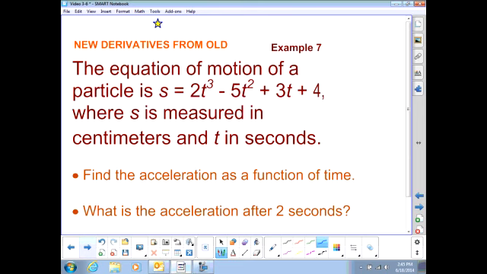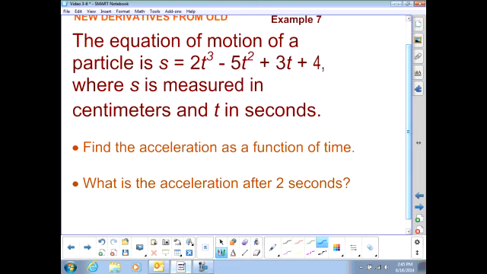So we have an equation to represent the motion of a particle. So S is like our position function. We're saying that's 2t cubed minus 5t squared plus 3t plus 4. S is going to be in centimeters, and t is going to be in seconds. First thing we want to do is find the acceleration.